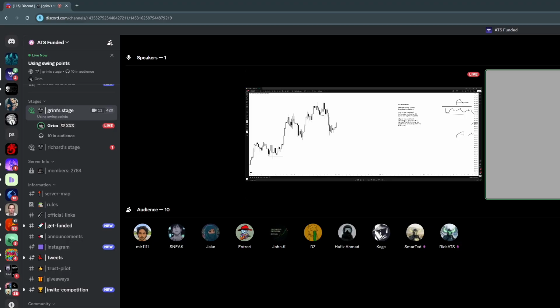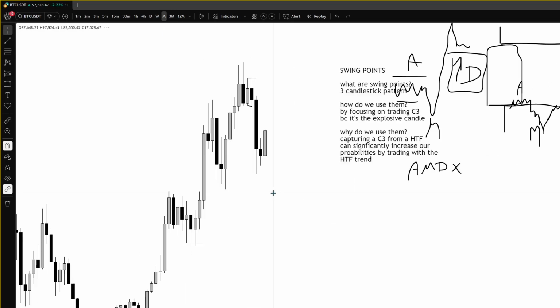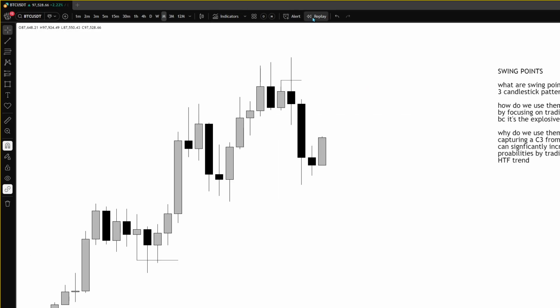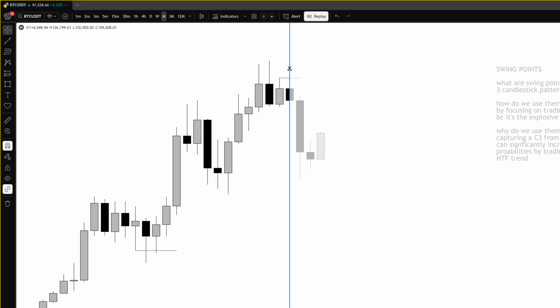So you could understand the direction of the market from the manipulation candle, right? Yeah, and that's what makes trading candle 3 easier, because if I can see what candle 2 did, it's going to make it a lot easier. So let's look at an example, right? You could trade candle 2, but let's look at it before it even happens.